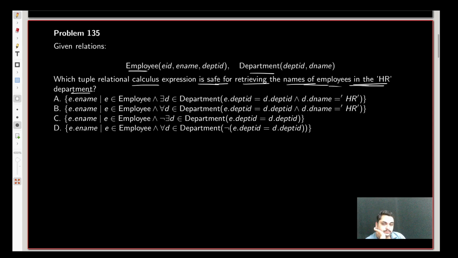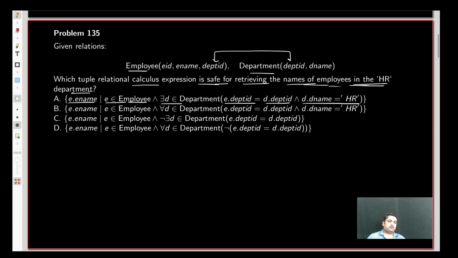So let us see the first option. E.name, you have to select the employee name. Then the tuple E belongs to employee and there exists a department where E.departmentID equal to D.departmentID. So that employee belongs to a particular department and the department name should be equal to HR.